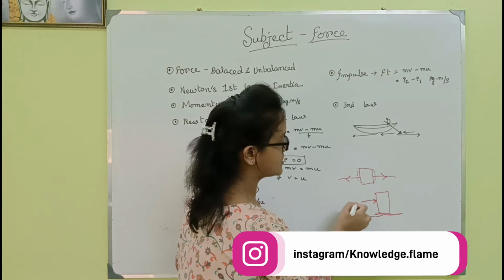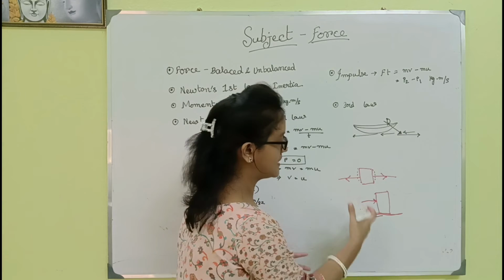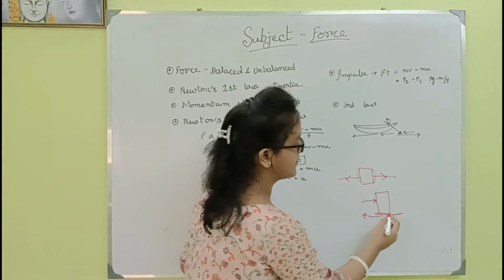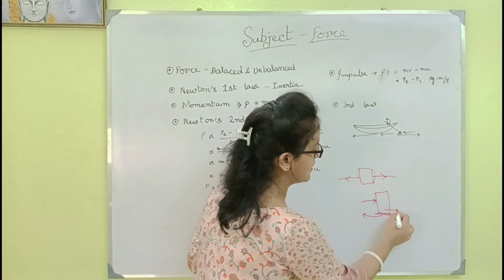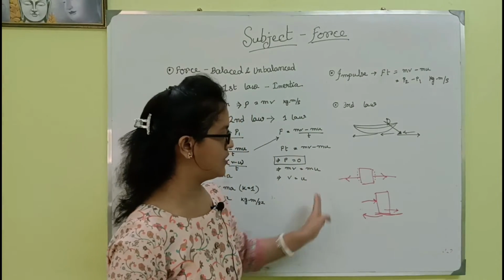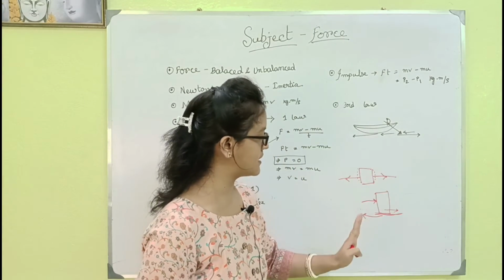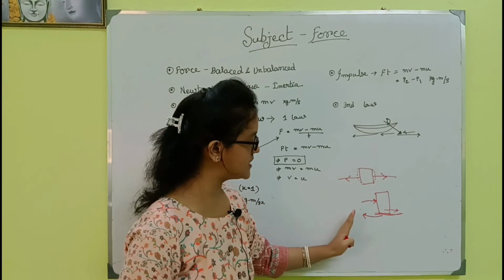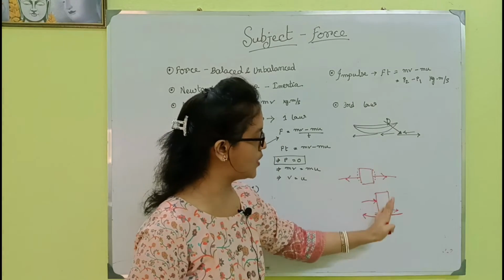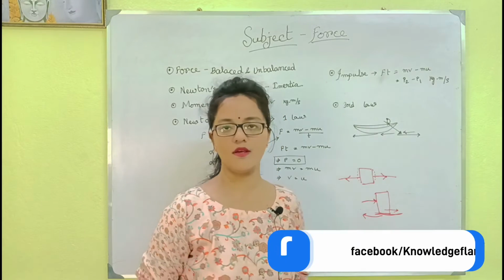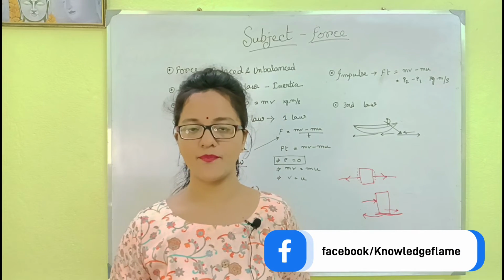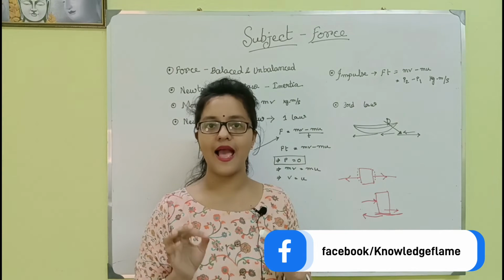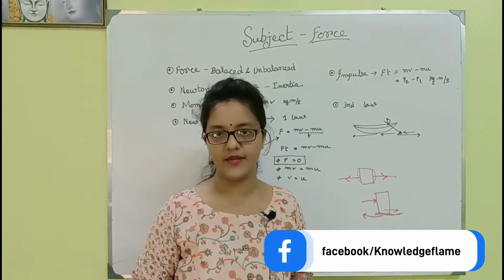So the person has to push with greater force, but after some time the body can be moved in this direction. The force is applied in this direction, friction acts in the opposite direction, and finally the body can move in the forward direction. This is unbalanced force. Unbalanced force can be applied in one direction only.